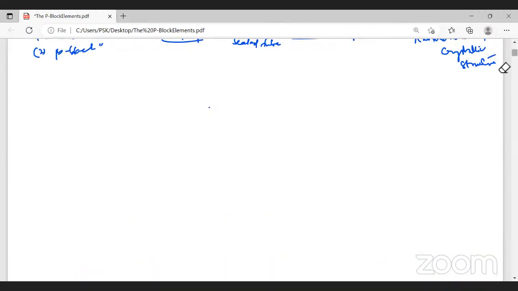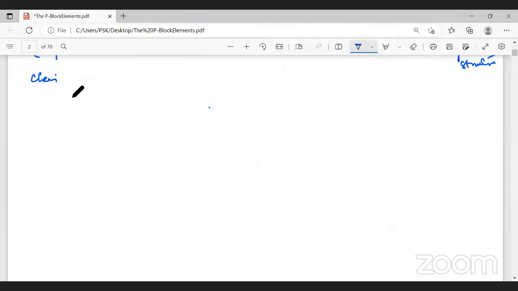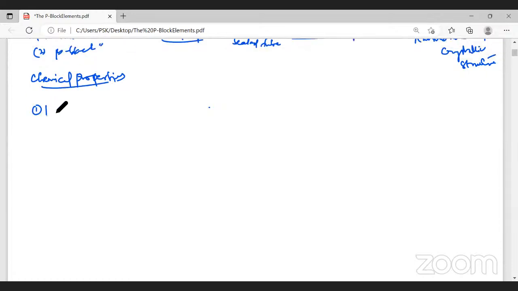All right. Now, what are the chemical properties of phosphine? The first one is decomposition.